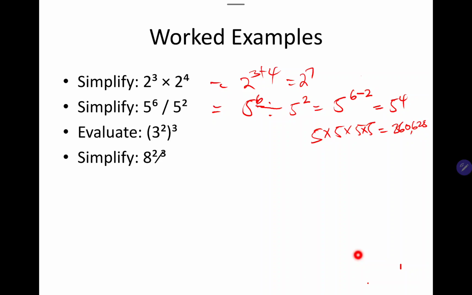Hold on, just to confirm. 5 times 5 is 25. 25 times 5 is 125, times 5 is 625. Okay, 1, 2, 3, 4, not 5 times. 5 raised to power 4 is 625. That's why sometimes it's necessary to use your calculator.